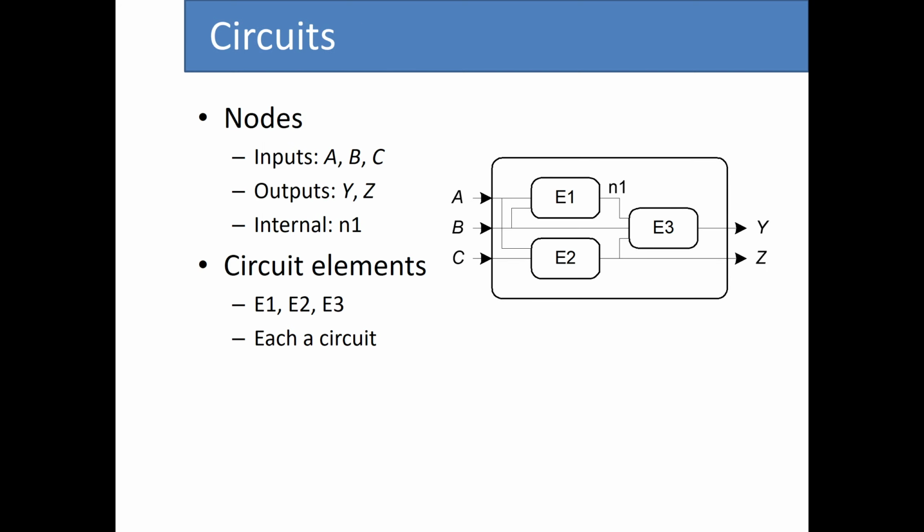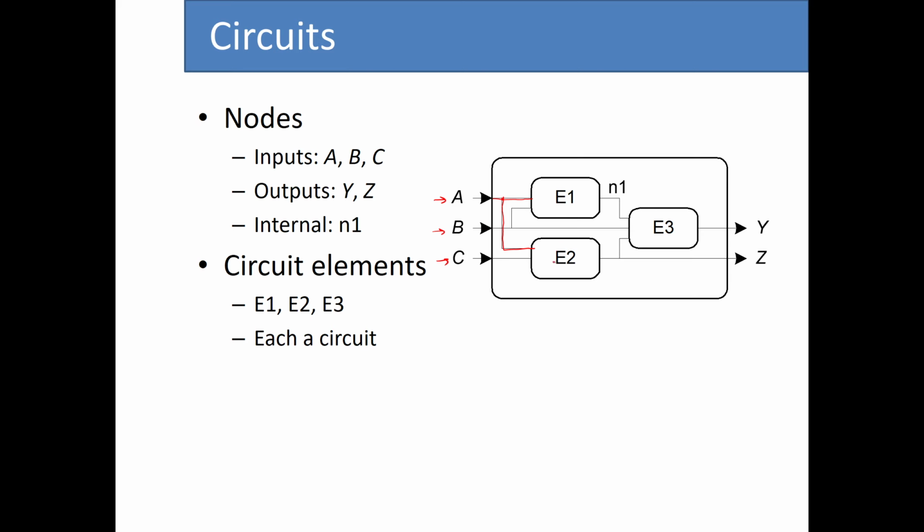So let's take a look at this basic example. For this circuit, we have A, B, and C as the inputs. As you can see, input A is connected to E1 and E2. Input B is connected to E1 and E3.